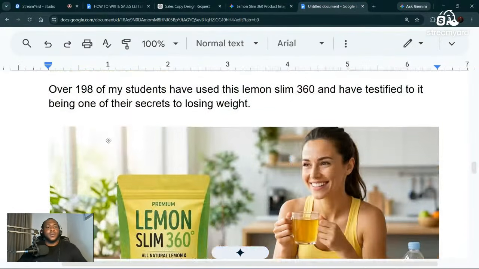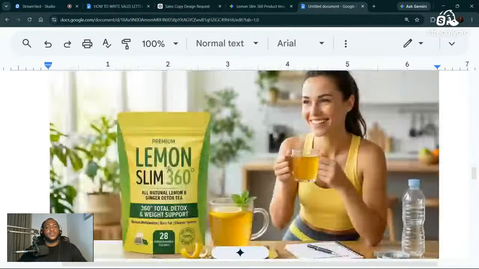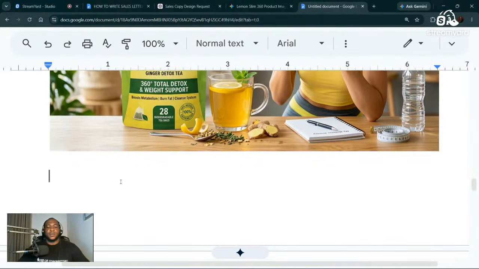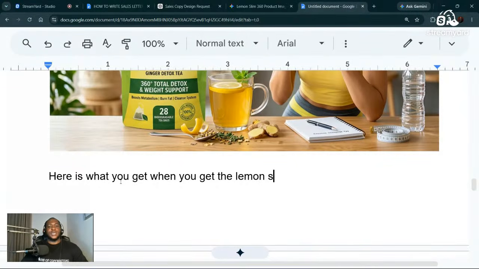So right now we've already introduced the product. Now we will say, here is what you get when you get the Lemon Slim 360.